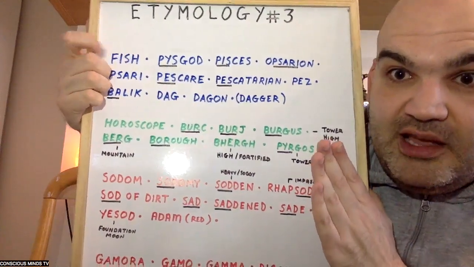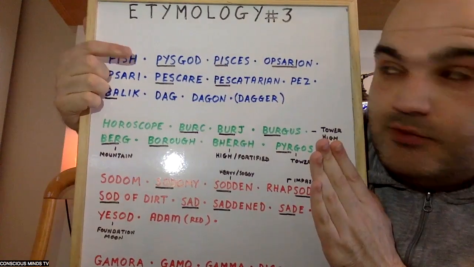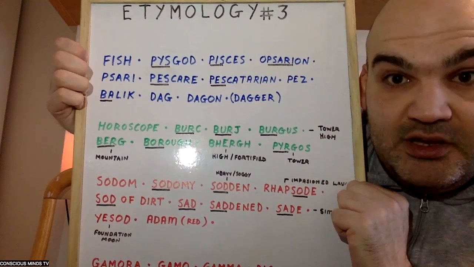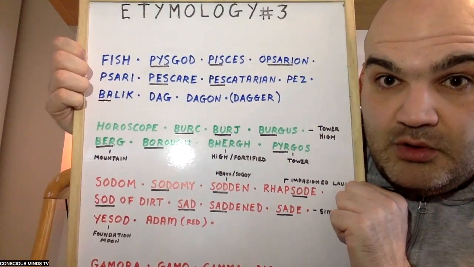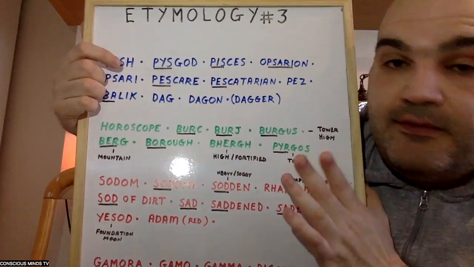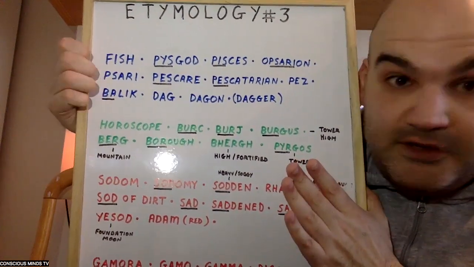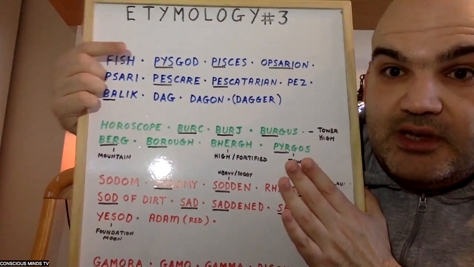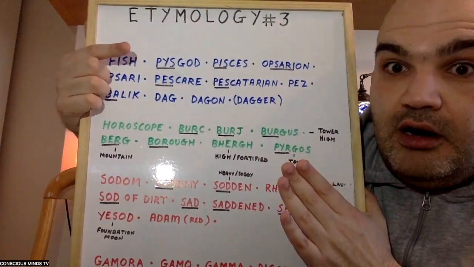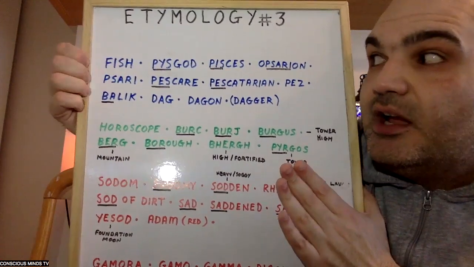So then you see how the P and F are interchangeable. And we also know that Pisces, the zodiac sign, is to do with fishes as well. If we were to change that P in Pisces with an F, it would say Fisces, or fishes, basically. So we can see that the P and the F are interchangeable when it comes to languages.